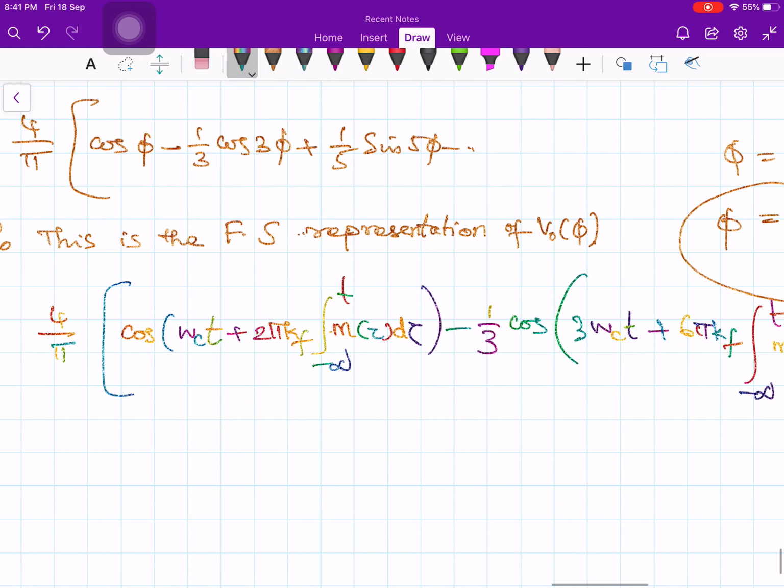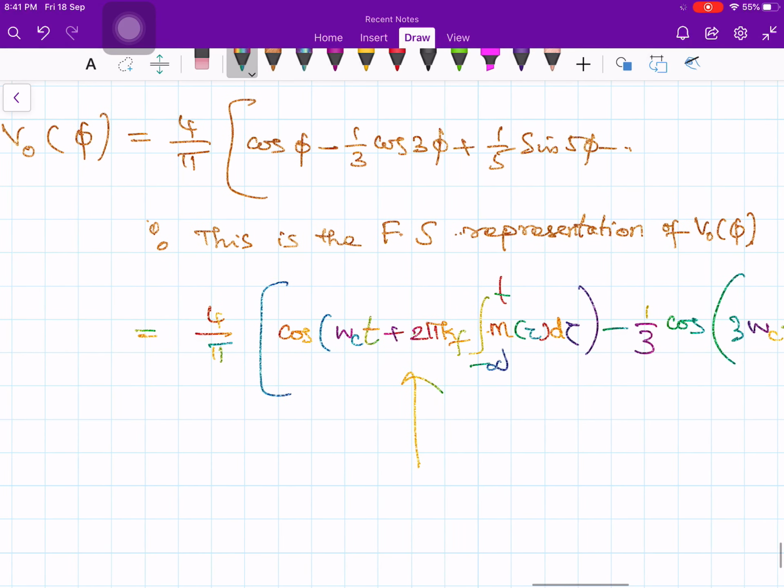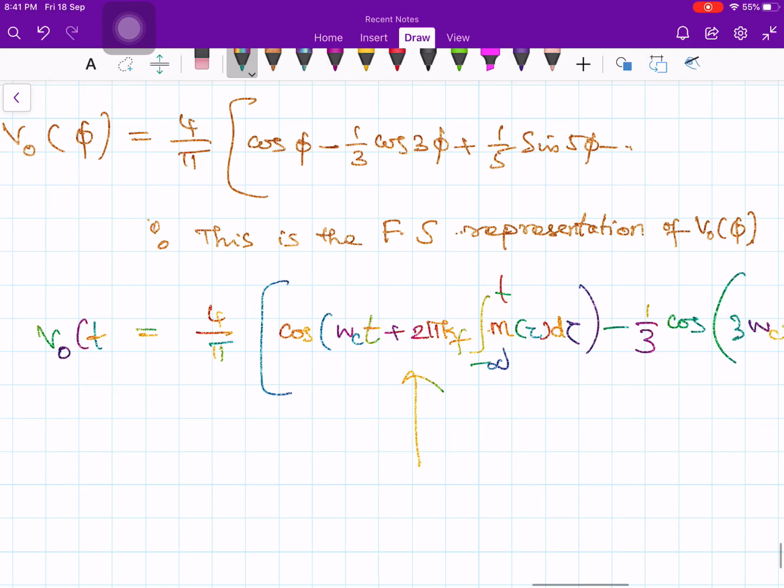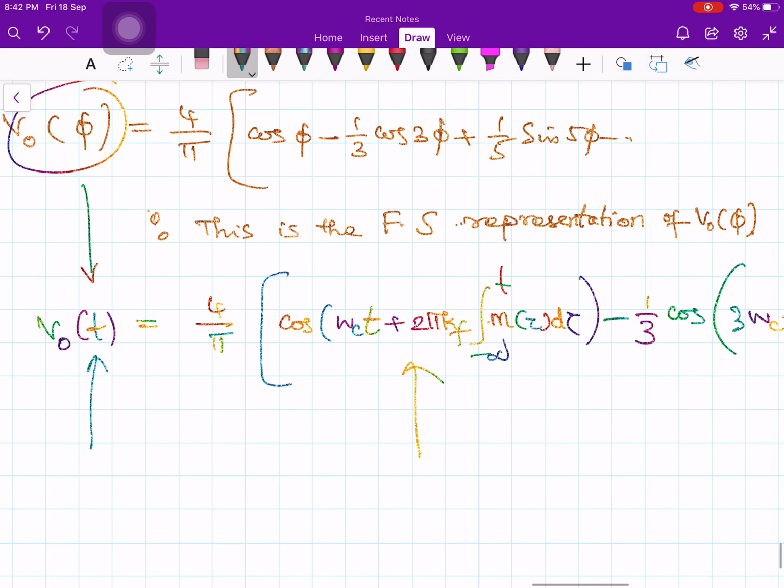Now you can think of this as a function of time. So this is my v naught of t now. I am bringing back the time dependence. Because this is a function of time, instead of saying v naught of phi, I am writing v naught of t, because the time dependence is very explicit in this expression.